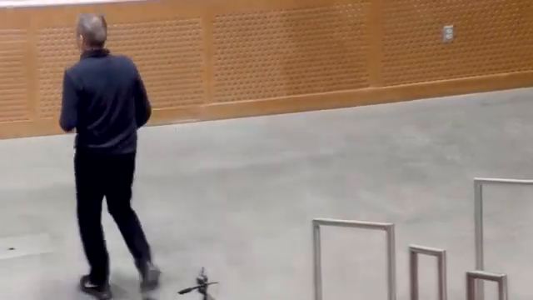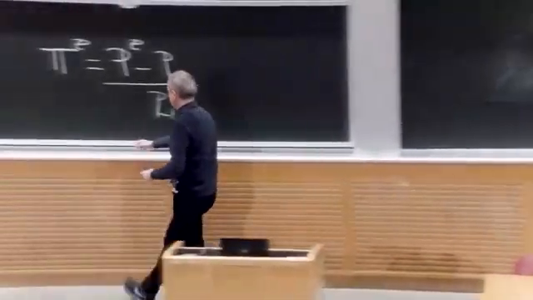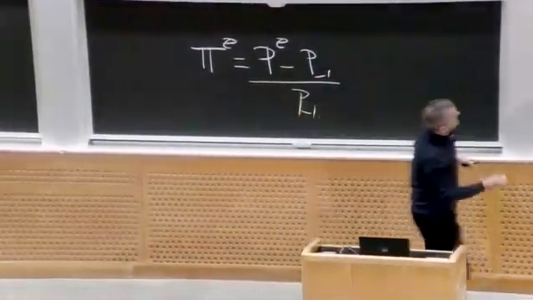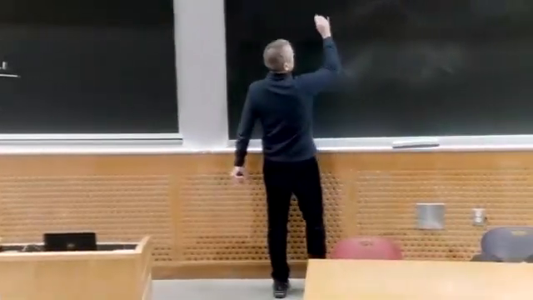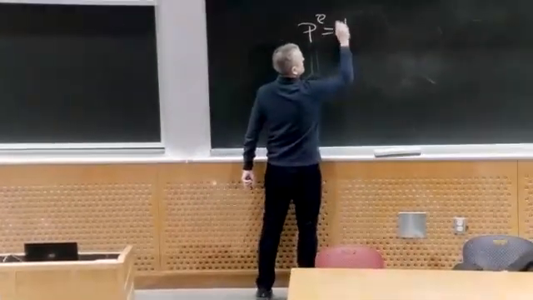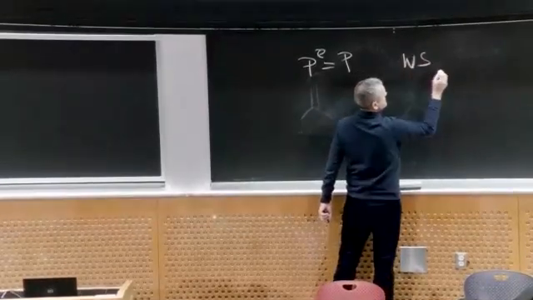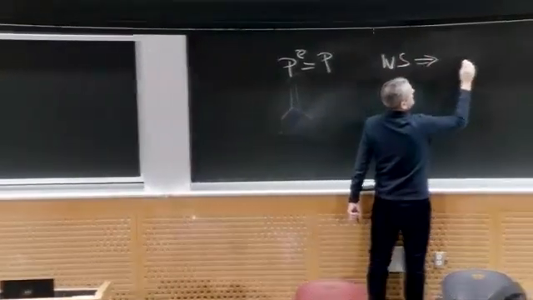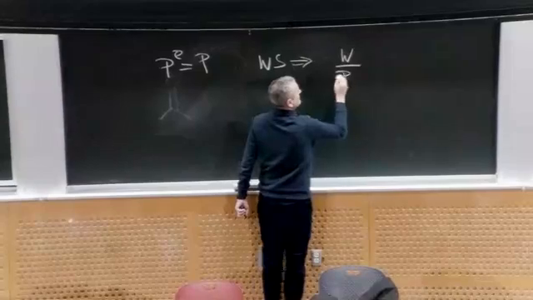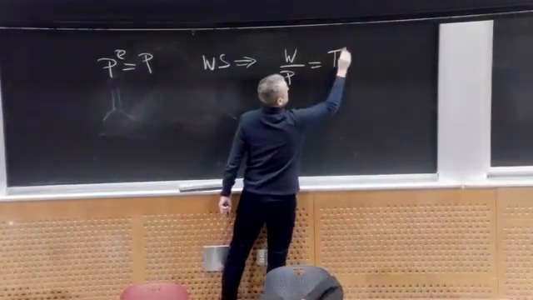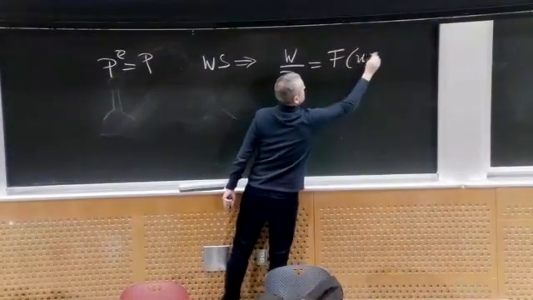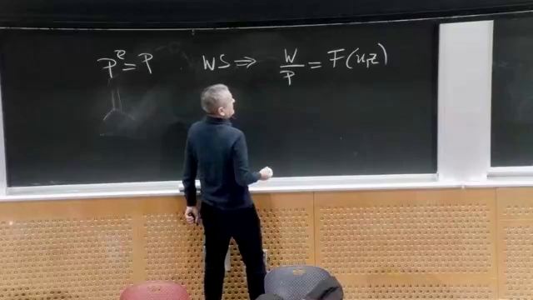Okay? So let me put it all in. At the natural rate, I know that P^e is equal to P. So that means the wage setting equation implies W over P equals F(u, Z). Okay?